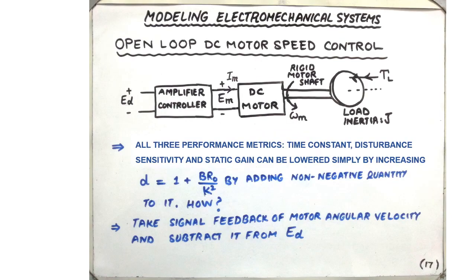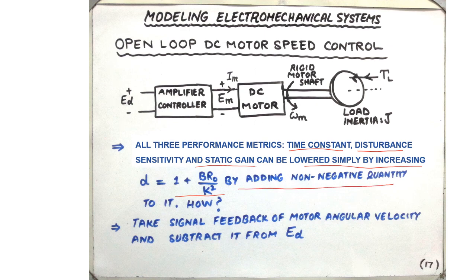An interesting observation is that the three performance metrics, the time constant, disturbance sensitivity, and static gain, can be simultaneously lowered simply by increasing their common denominator, D, 1 plus B R naught divided by K square. And that can be done by adding to it a non-negative quantity.